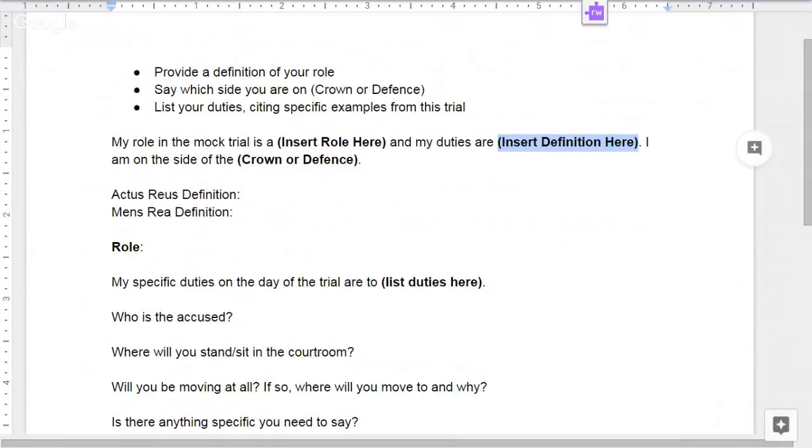So Jake, if you said, I am Phil Jackson, Carrie's friend, and the defense witness, that's what you would put under definition. It would go Phil Jackson into insert role here, and right here it would be Carrie's friend and the defense witness.